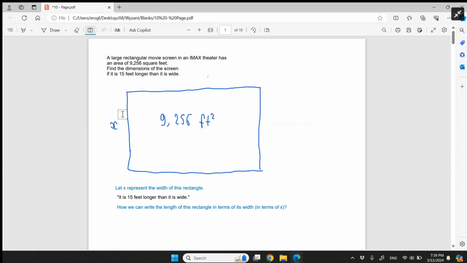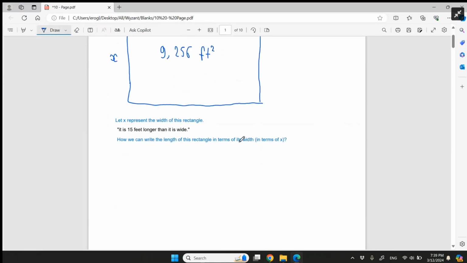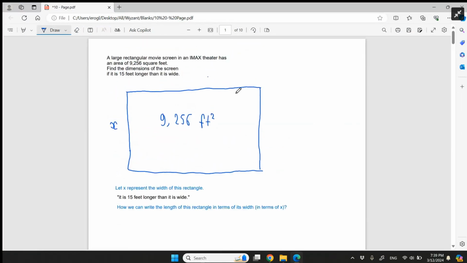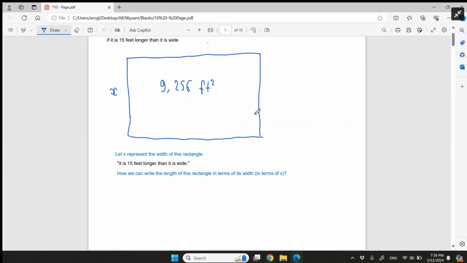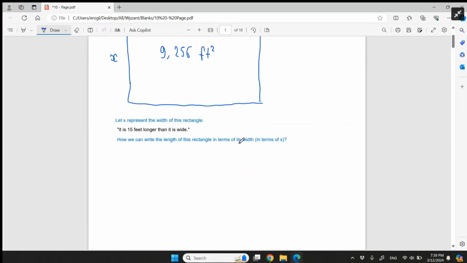Again, the length of the rectangle is 15 units larger than its width. Well, if the width is x, the length should be 15 units larger than the given x, so it should be 15 more than that x. It should be x plus 15, right? So the width is x, and we're wondering what the length is.